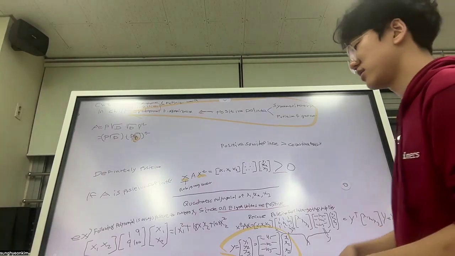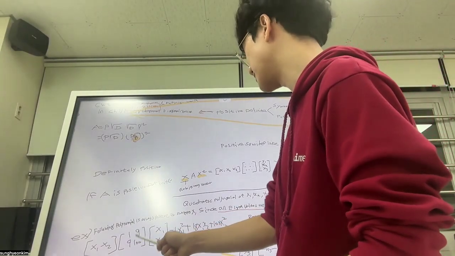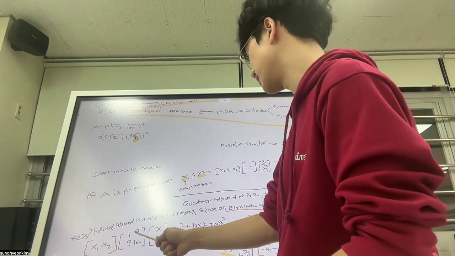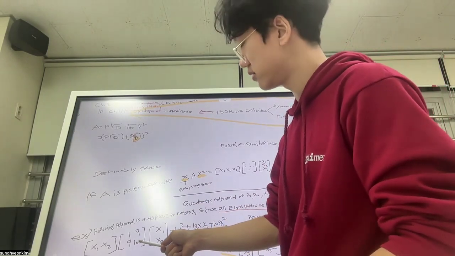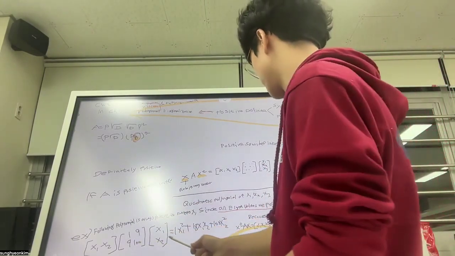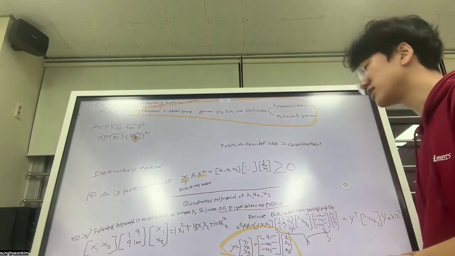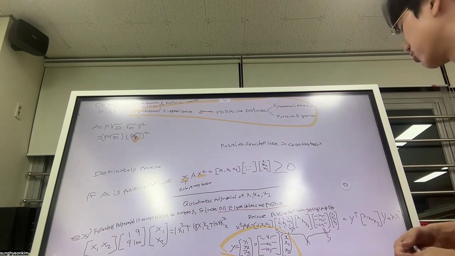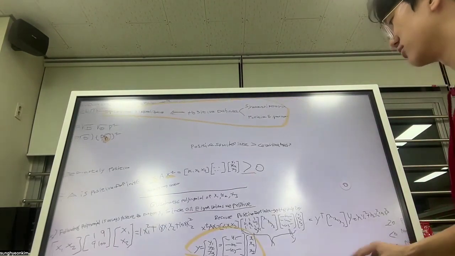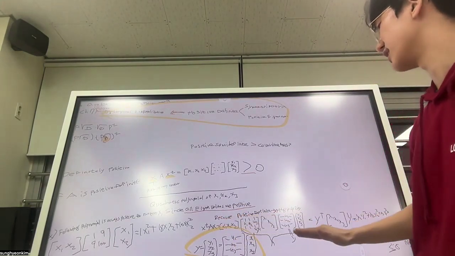In this case, the eigenvalues of matrix A are all positive and it is a symmetric matrix, then the quadratic form will also be positive. You can also prove it by the formula: x transpose A x.